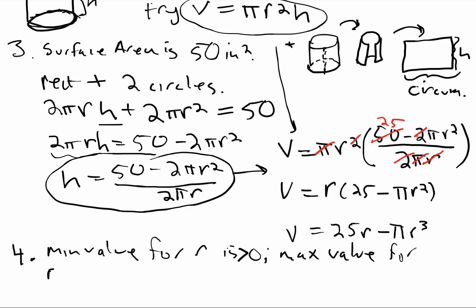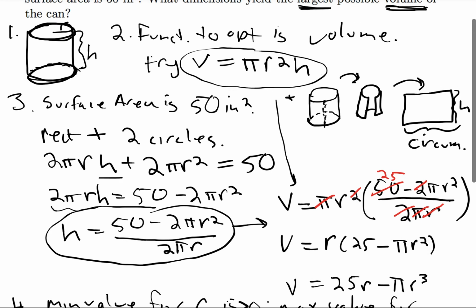We have to be positive. If I make r 0, there's basically no cylinder, right? And I can't get a surface area of 50 square inches. So we can go pretty much right next to 0. We can compensate by making a super, super, super tall can. But 0 actually isn't quite physically realizable here, so we won't include it in the domain.